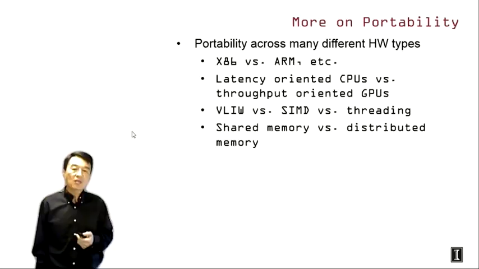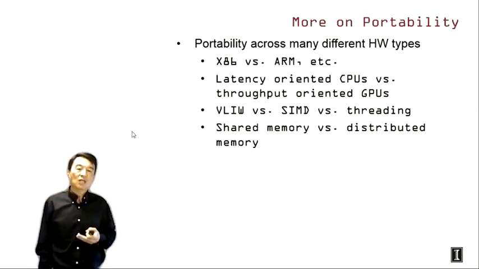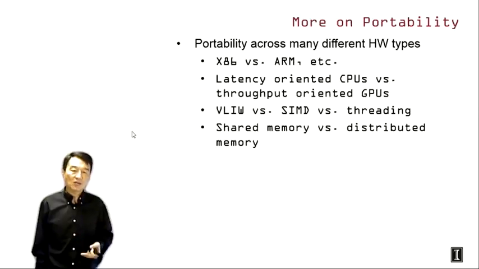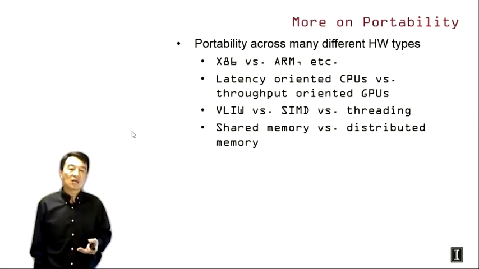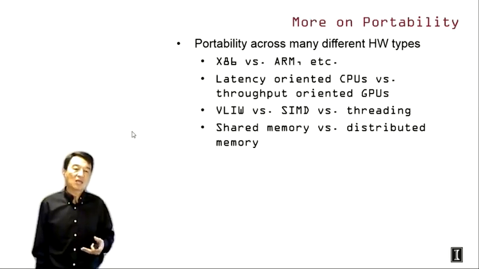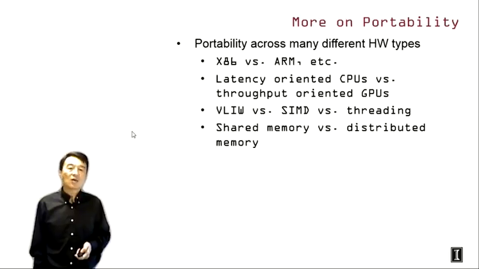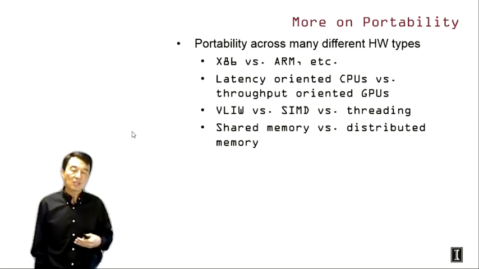The third dimension of portability often comes with different styles of parallelism in the processor core. There's a design style called VLIW, a design style called SIMD, and a design style of multi-threading. We're going to touch quite a bit on this level of differences in hardware.